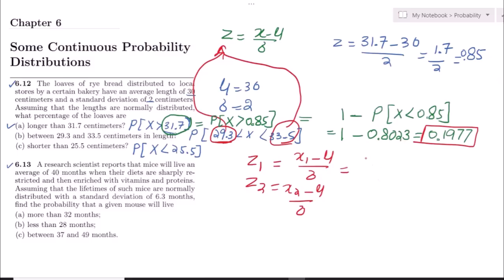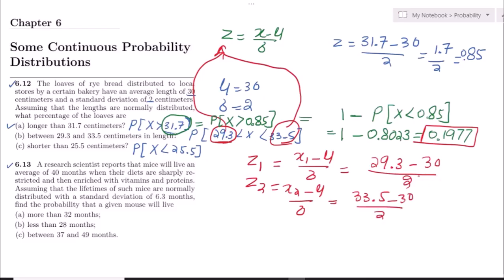Here the value of Z1 would be 29.3 minus 30 divided by 2, and X2 is 33.5, so Z2 is 33.5 minus 30 divided by 2.